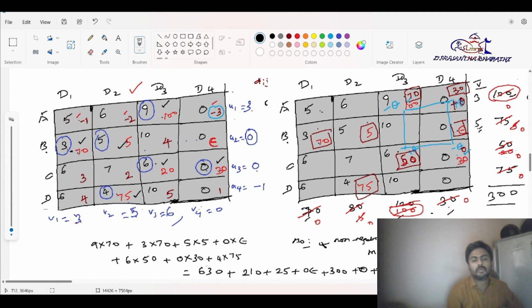That is 600 plus 200 is 800. 800 plus 300 is 1100. 1100 plus 300 is 1400. 1430, 1450, 1475 rupees.